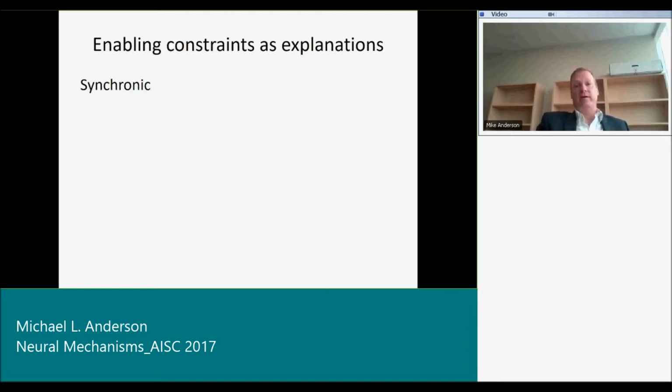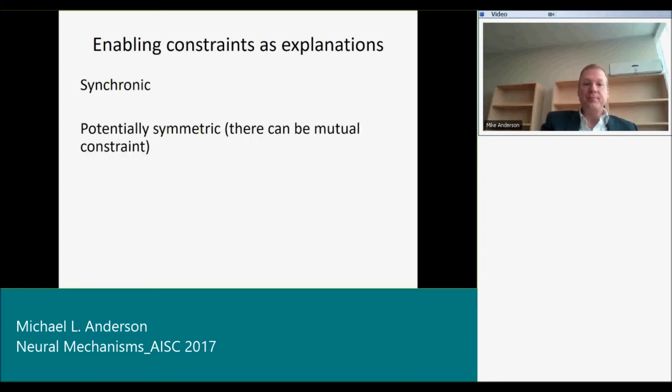As explanations, I think enabling constraints have a couple of interesting advantages. First of all, they're synchronic. So whereas cause is this one thing happens, then the next thing happens, an enabling constraint is synchronic, right? It's an imposition of constraints at a time. Also potentially symmetric, that is, there can be mutual constraints. It's not as if you have to identify, as you do in cause, the asymmetric relationships here.